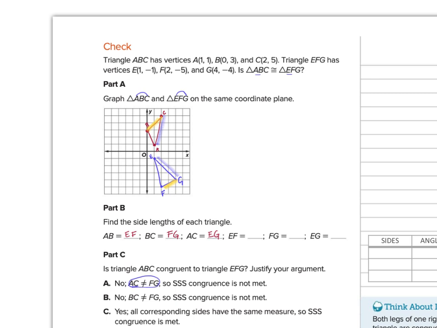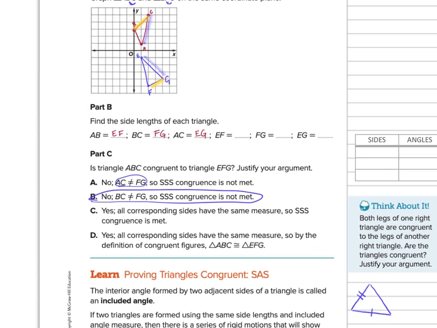What I care about is BC and FG. Those two sides, if they're not congruent, then it is not. That's the difference there. AC and FG don't matter. We need to have the two corresponding sides determine whether they are congruent or not. Okay, so there we go.